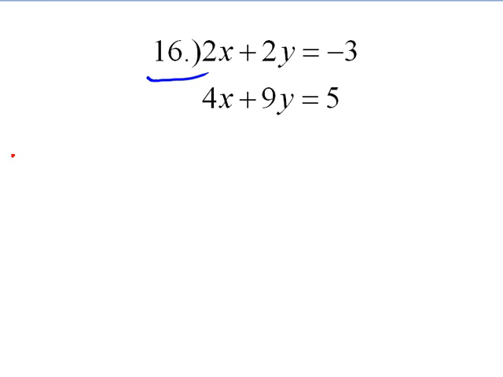So we'll get x equals -2y minus 3 divided by 2. And we'll just leave that at this point so that we don't end up with messy fractions to work with.